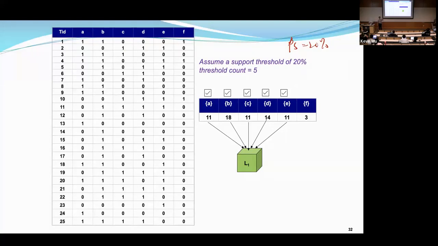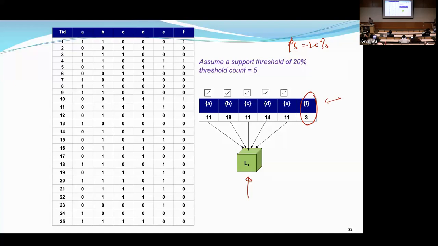So the support threshold is 5 support counts. If you look at these 6 candidates, you'll find that A, B, C, D, E satisfy the support requirement. F, however, is not frequent. So we collect A, B, C, D, E into L1, the set of all size-1 frequent item sets.